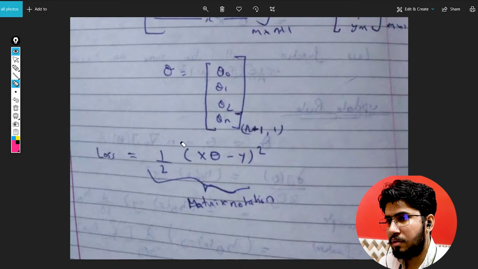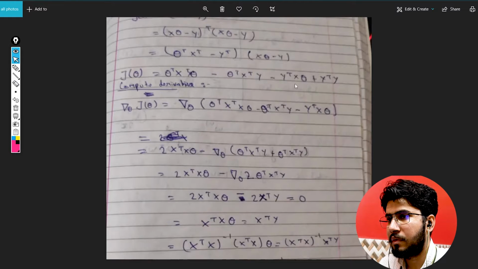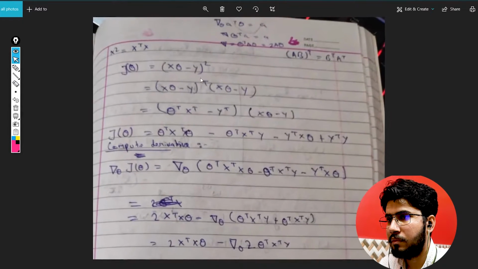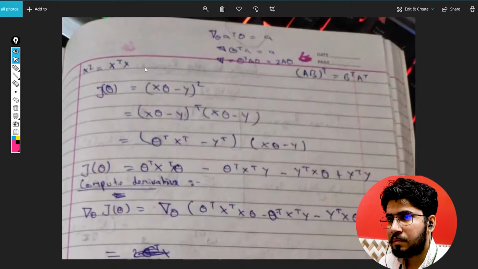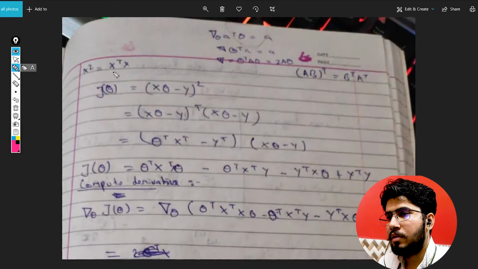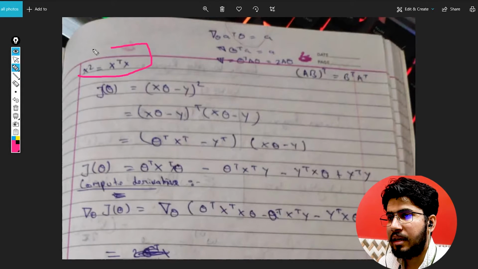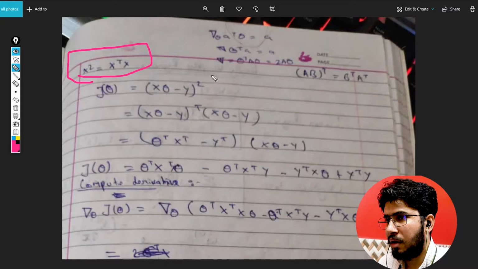Okay, so now let's see. This is the formula of a matrix: if you square a matrix, then it is going to generate x transpose x. So our loss was x theta minus y square, and we are just applying this same formula here.